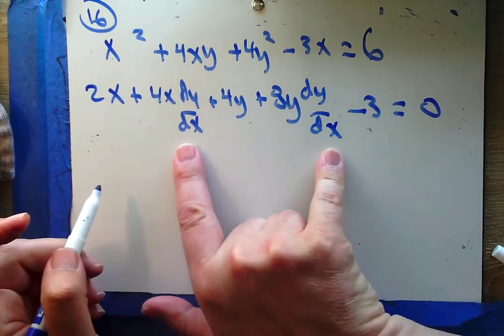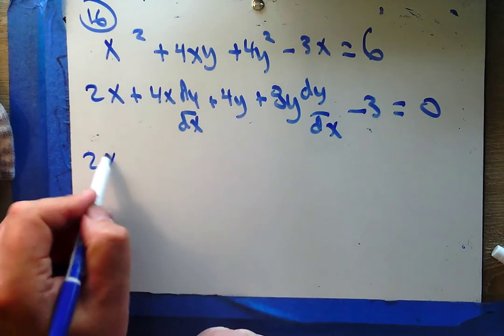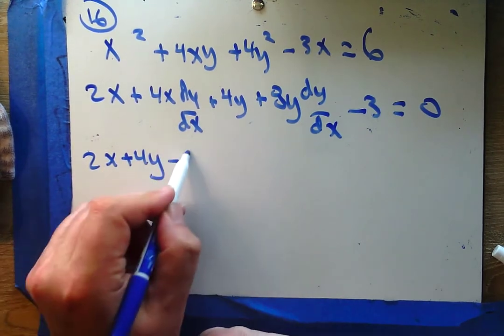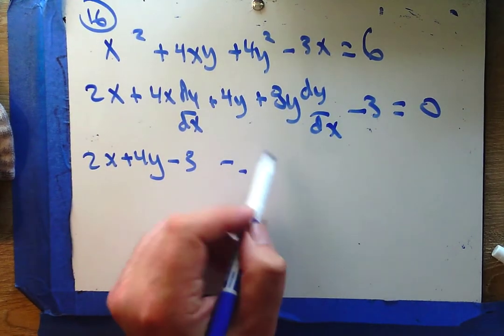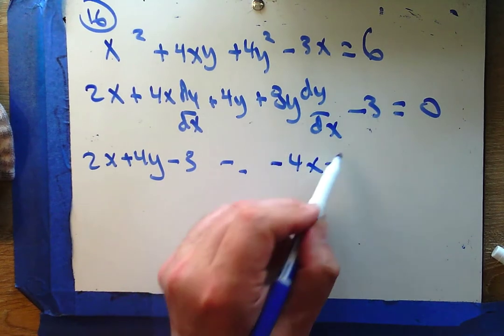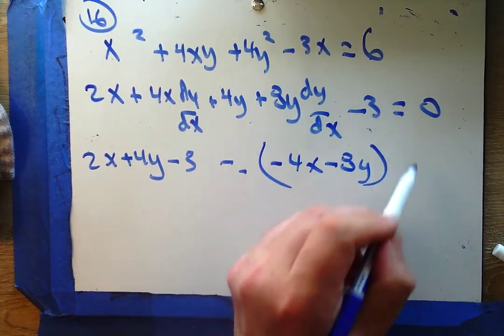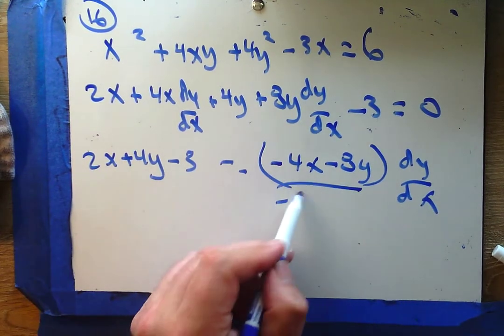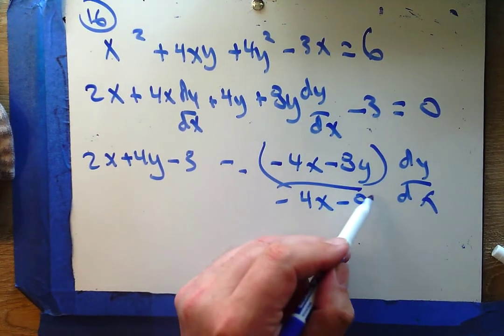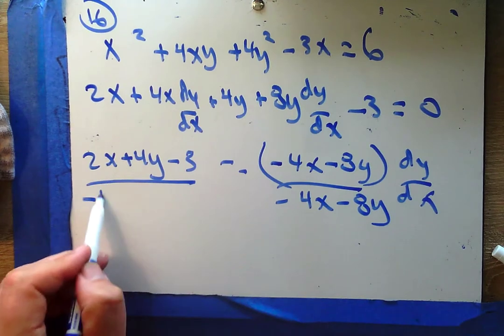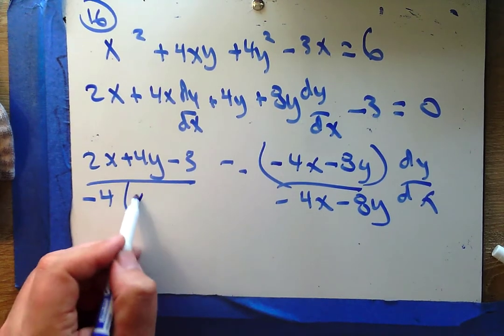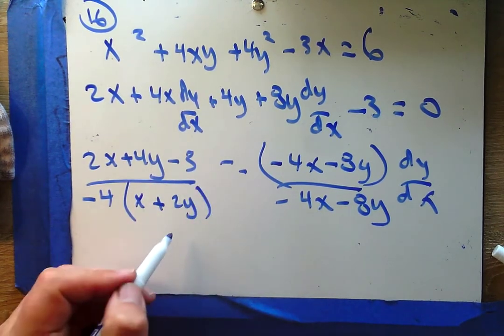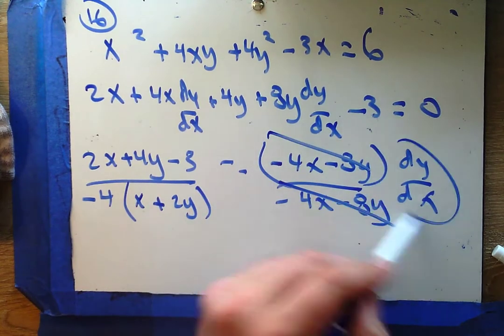So I'm going to move this stuff over. 2x plus 4y minus 3 equals negative 4x minus 8y dy/dx. And so I divide by that negative 4x minus 8y. In fact, I could even take out a negative 4 and have x plus 2y. Okay, so there's dy/dx.